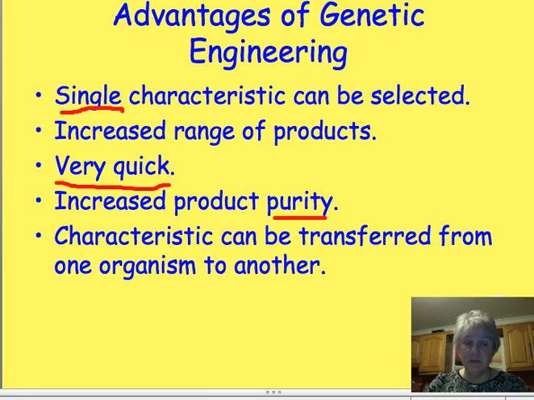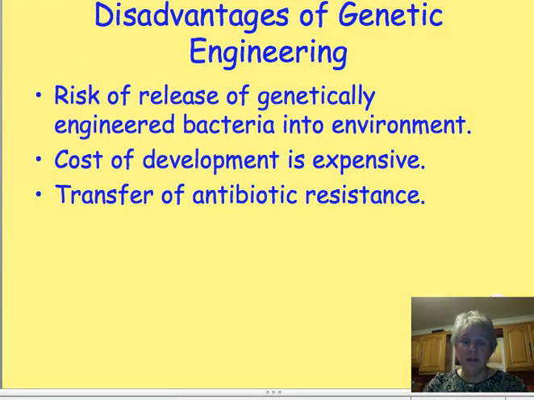Now, if I just move up here, we'll have a wee look at, I did mention before that there is a bit of controversy around genetic engineering and disadvantages of genetic engineering.